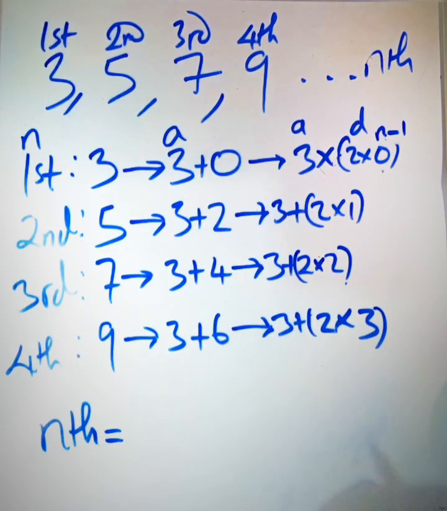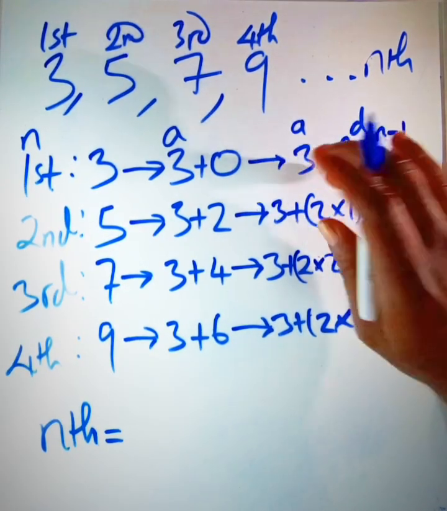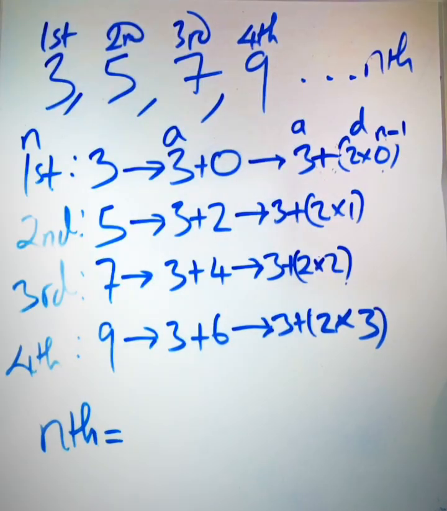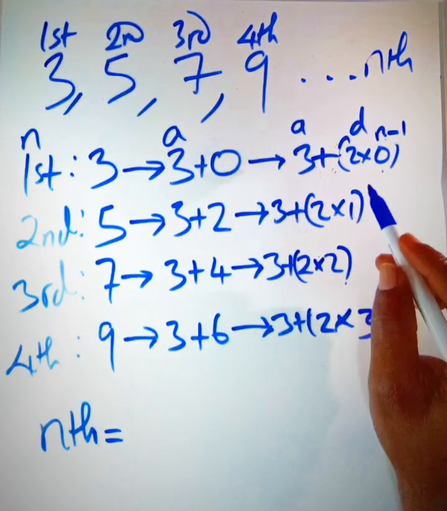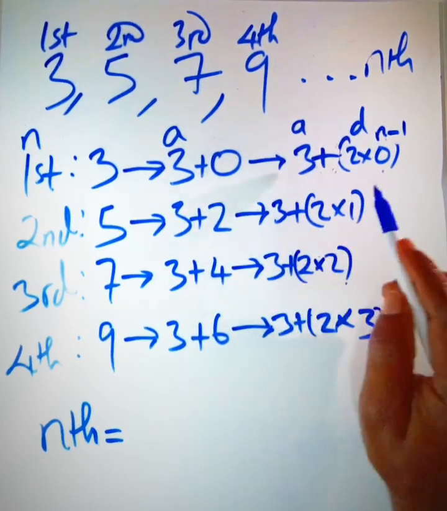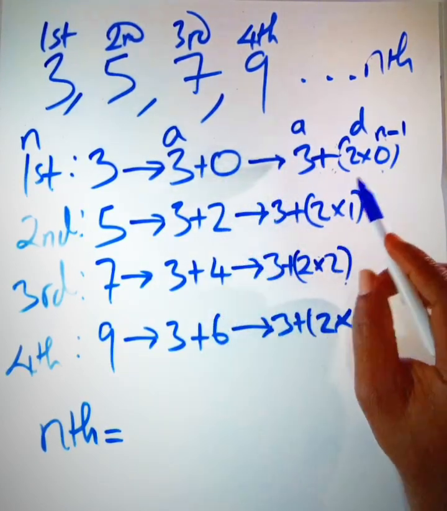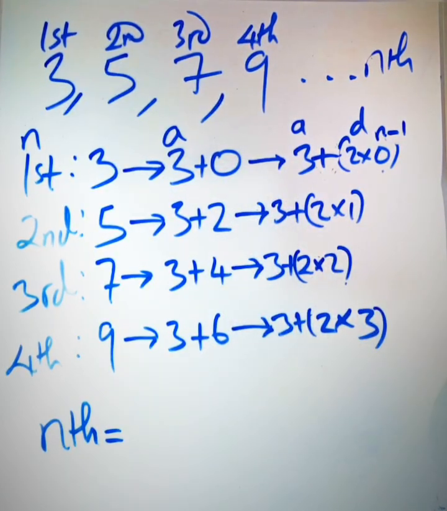The formula has emerged. Sorry, this is supposed to be a plus. Good. So our nth term has emerged, and that is given by what we have here. We've identified them by the symbols A, D, and N. So what is the nth term?